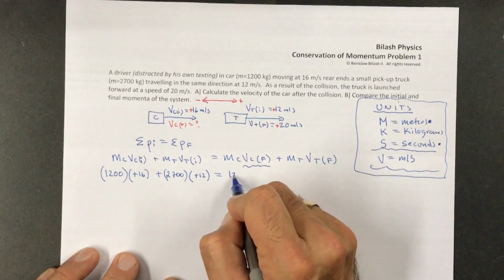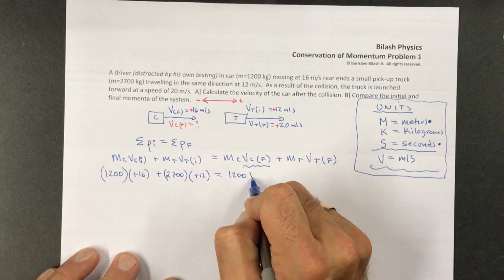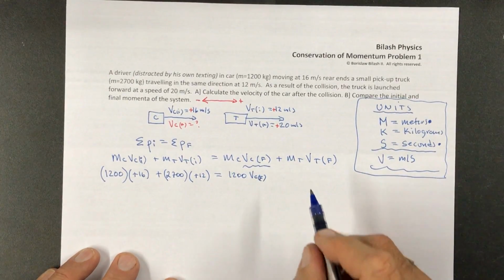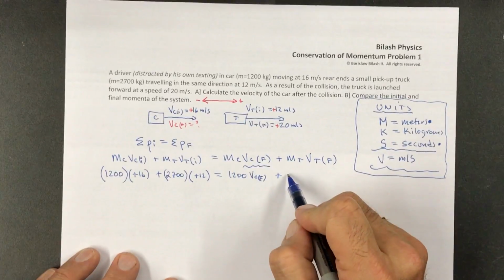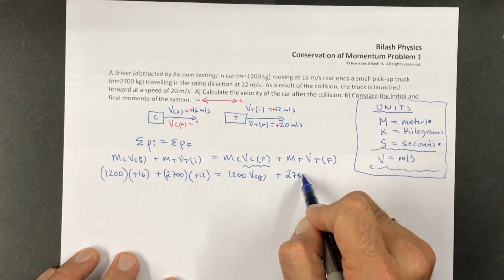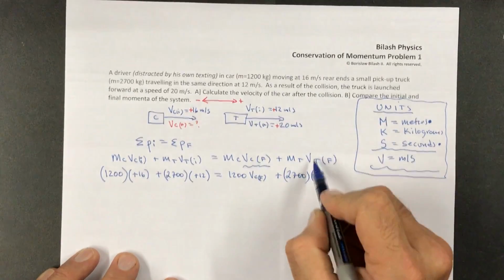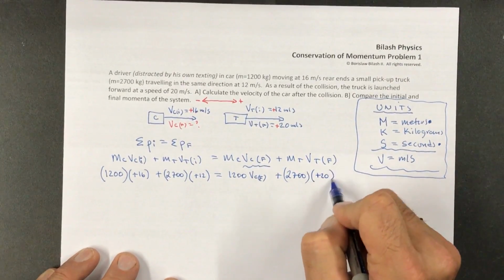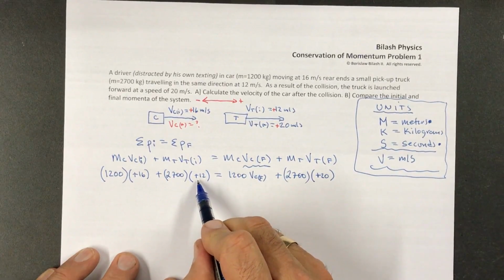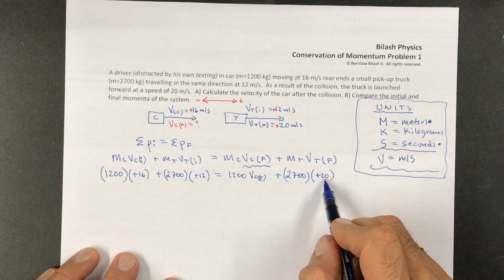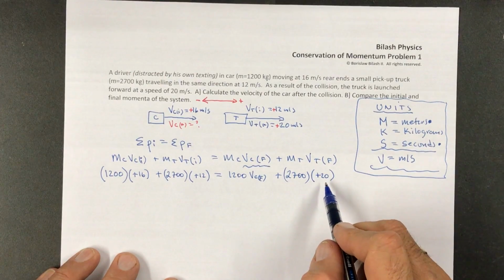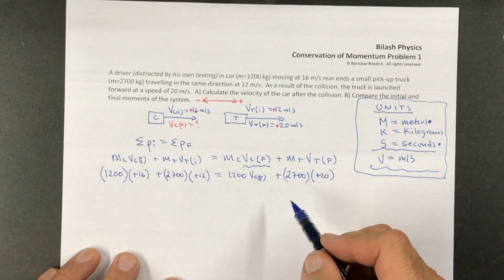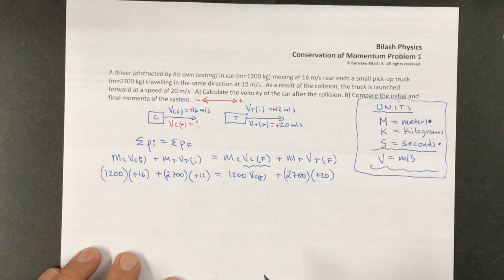And the car is 1200 times v final of the car, plus the mass of the truck, 2700, times the velocity of the truck after the collision, which is 20. You see the truck goes from positive 12 to 20, so it gains momentum, which means that the car has to lose momentum somehow, and we'll figure that out in a second.